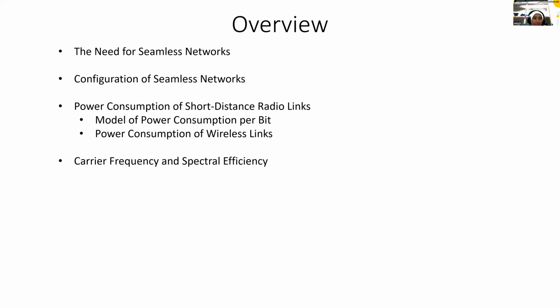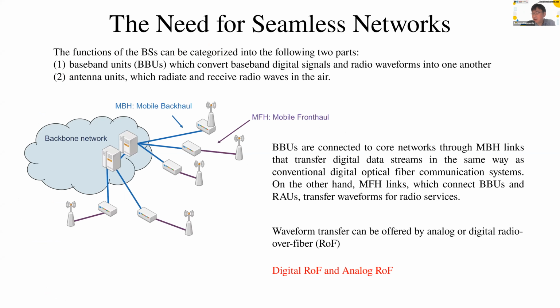Okay, I'd like to go to the conceptual slide. We have to connect the many baseband units and the remote antenna units by the optical networks. There are a couple of functions at the baseband unit. It can be categorized into two parts.